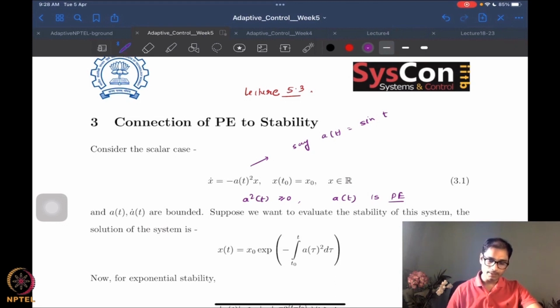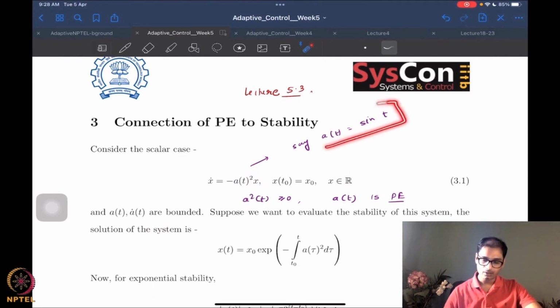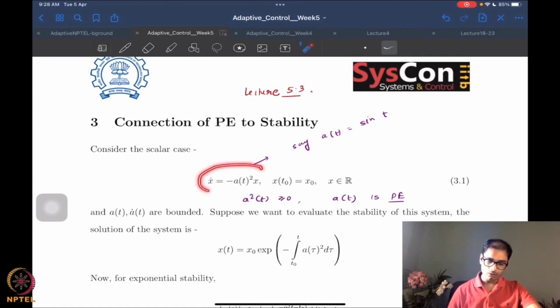But if A is not necessarily strictly positive, but in fact persistently exciting, which is what this signal is, for some window capital T, then this system can be shown to be globally exponentially stable. This is just the scalar case, of course. So we connected persistence of excitation to stability for a scalar example.